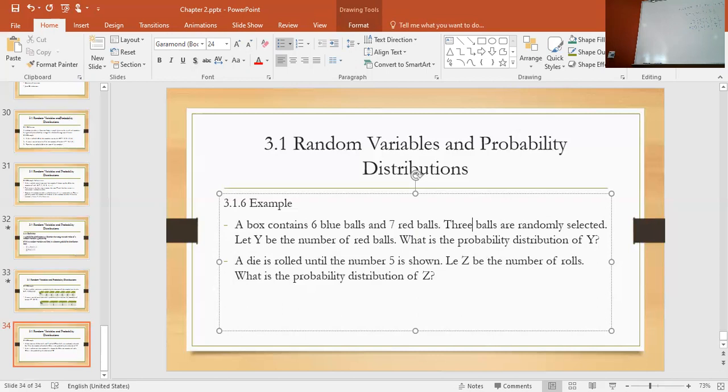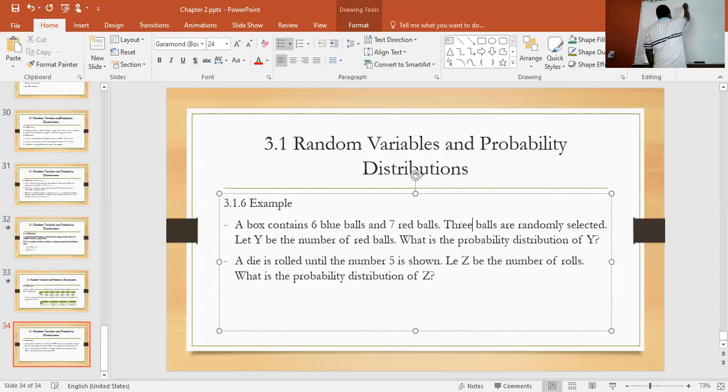Now remember that the probability of E is the number of outcomes in E divided by the number of outcomes in S. So we are going to use it to find the probability that we will have 0, 1, 2, or 3.